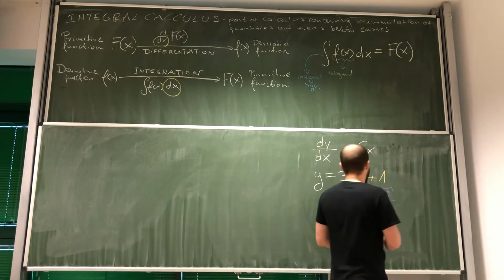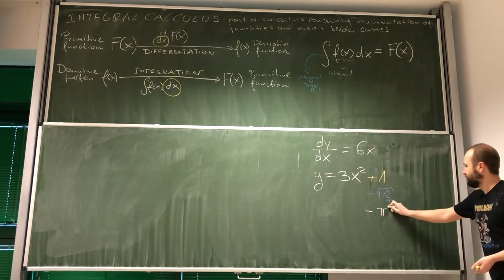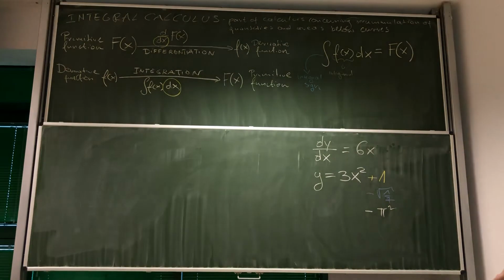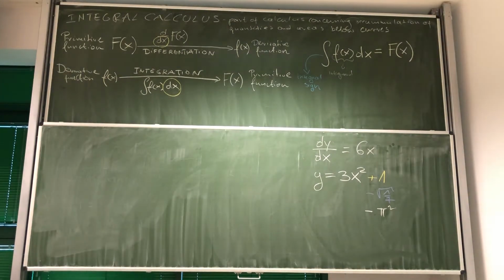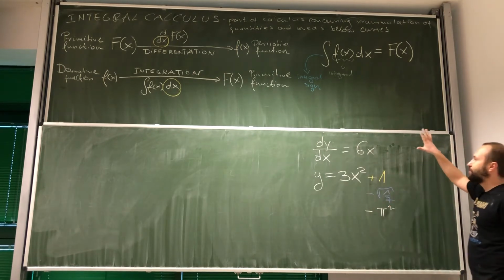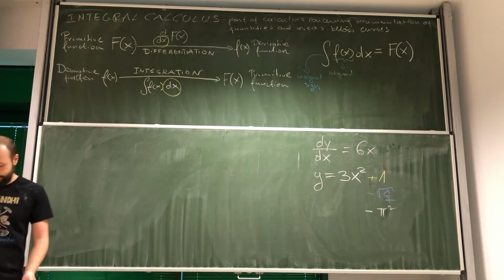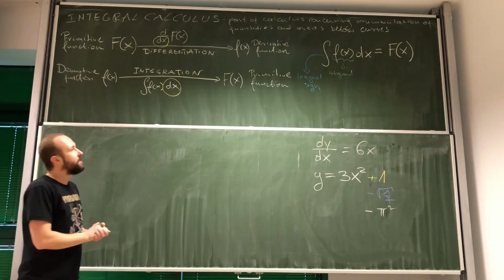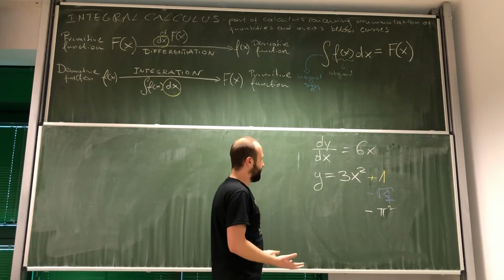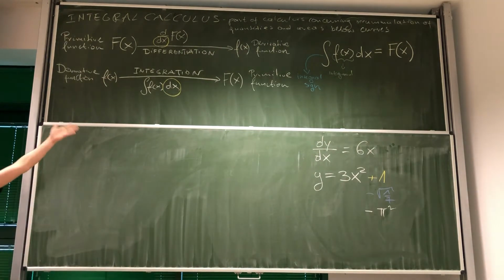If we would have here minus pi squared, exactly the same story. So the thing is that because in the process of differentiation we are losing a constant, we need to acknowledge this in the process of integration.